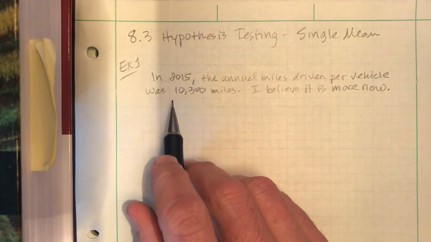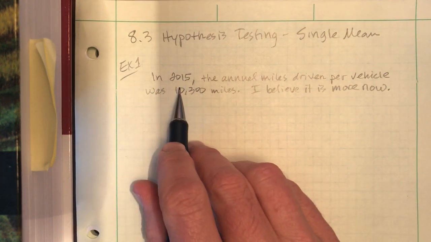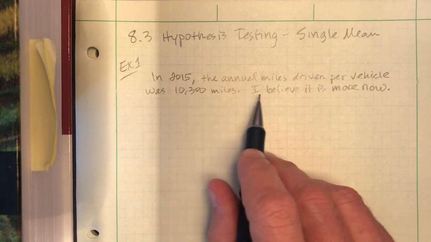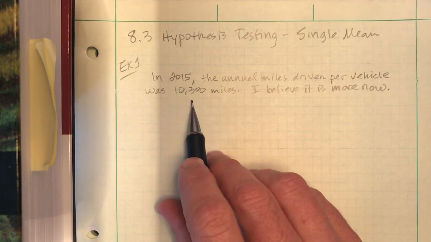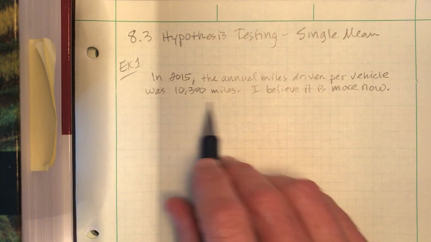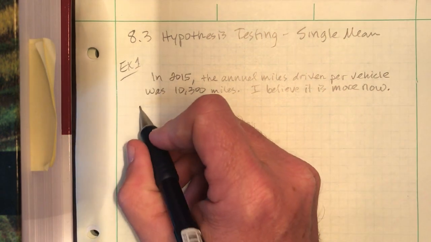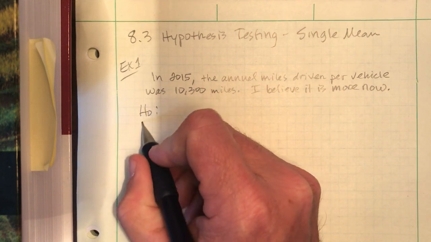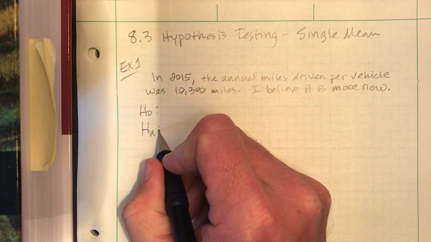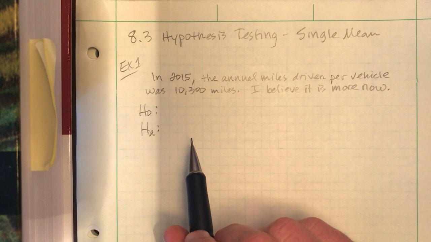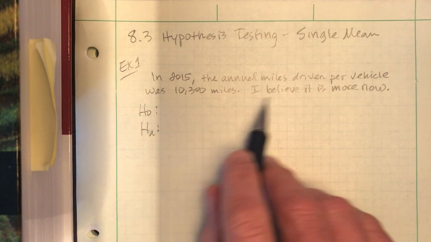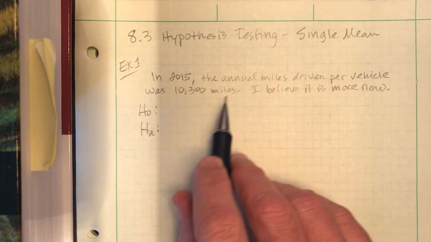So here's the claim. The opening sentence says, back in 2015, the annual miles driven per vehicle was 10,300 miles. I believe it's more now. Step one, set up the null and alternative hypotheses. The big theme here is we're now shifting from proportions to means.